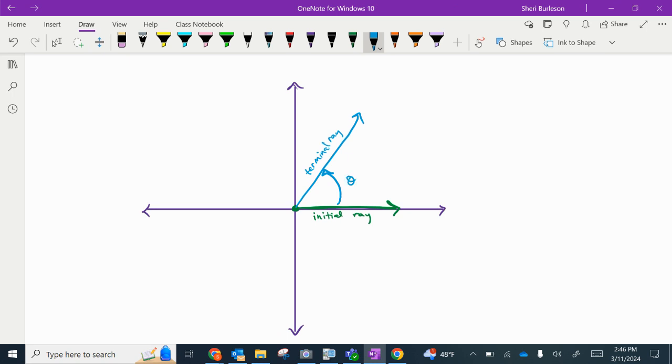So I'm going to call this angle theta. Okay. I'm going to call that angle theta.